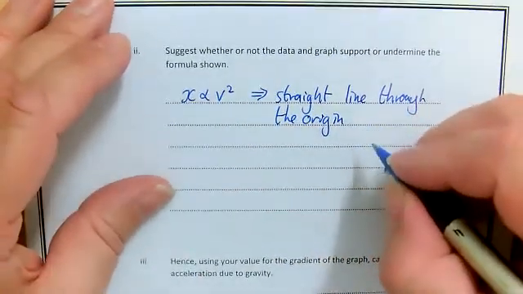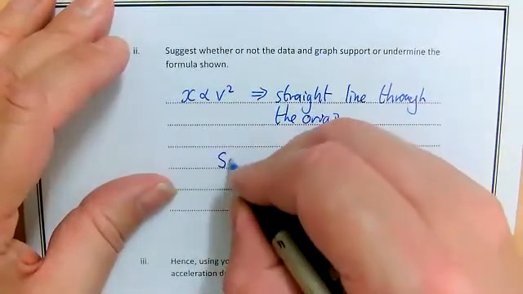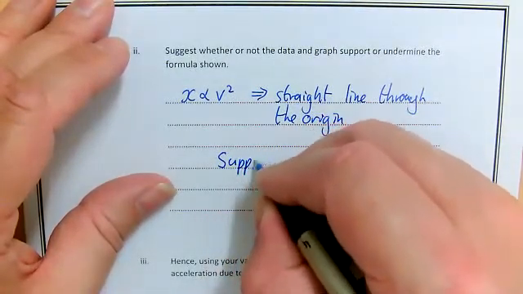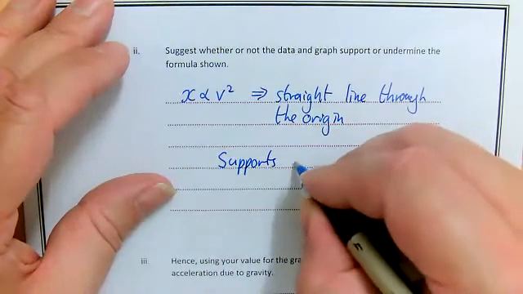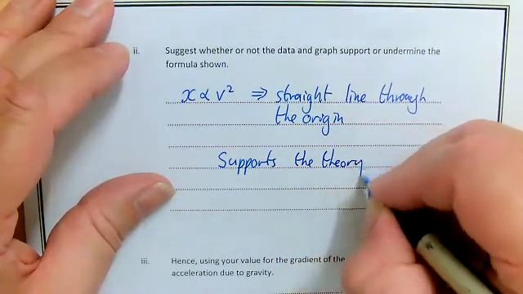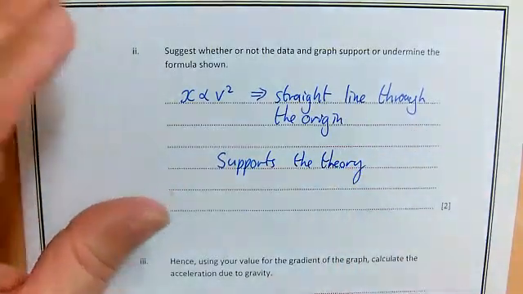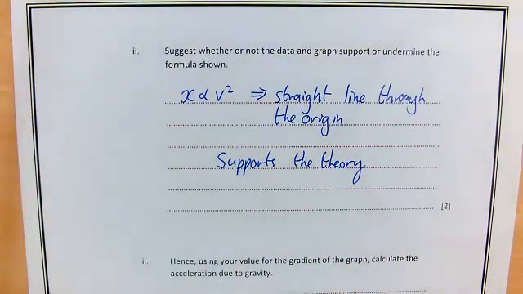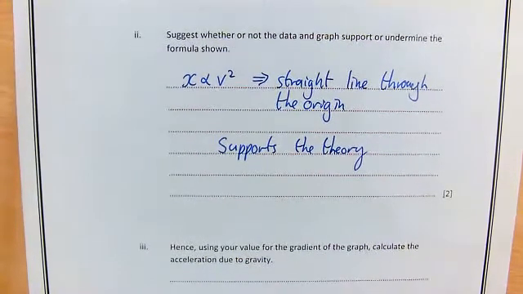And therefore, as the graph shows that, it supports the theory. That's why the graph supports the theory. It's the right shape. So it's 1 mark for identifying that it should be a straight line through the origin, and 1 mark for then saying that it supports the theory, because that's what it is.